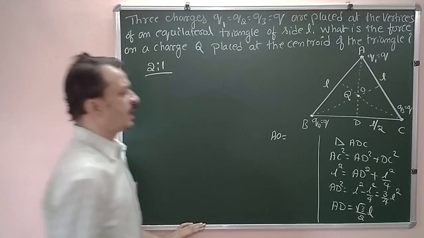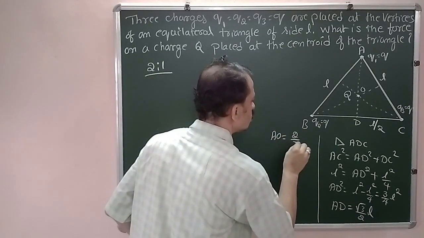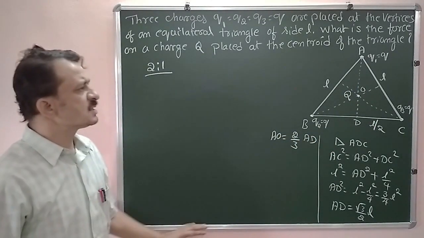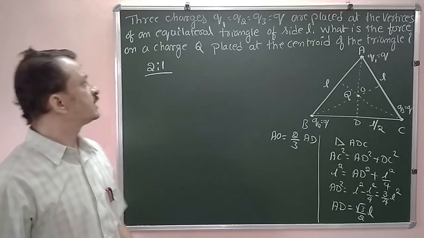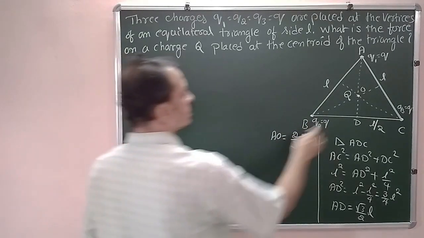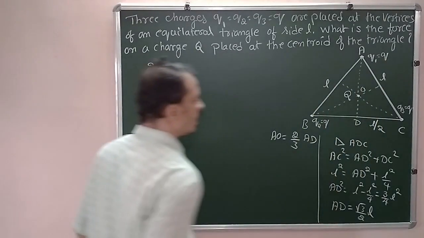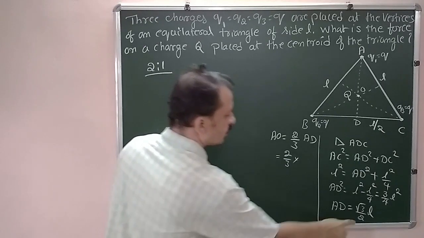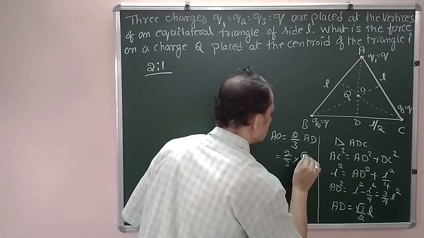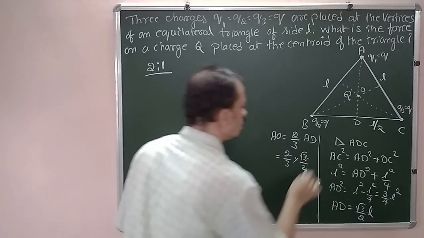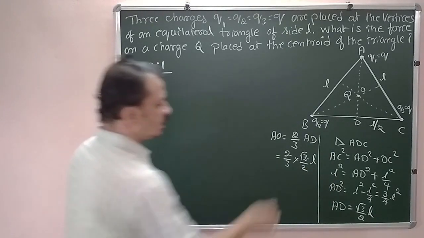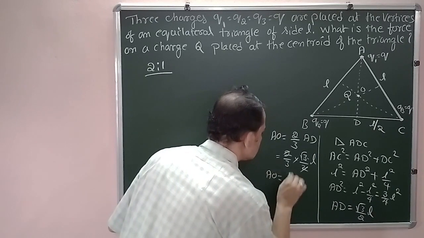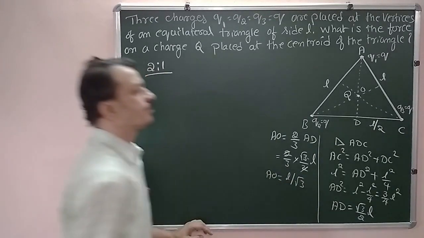Therefore, AO can be written as 2 by 3 of AD, because centroid divides the median in the ratio of 2:1. Therefore, this is 2 part and this is 1 part. Therefore, 2 by 3 into AD. Just we have worked out root 3 by 2 into L. Now 2 gets cancelled, root 3 gets cancelled. Therefore, AO becomes L by root 3.